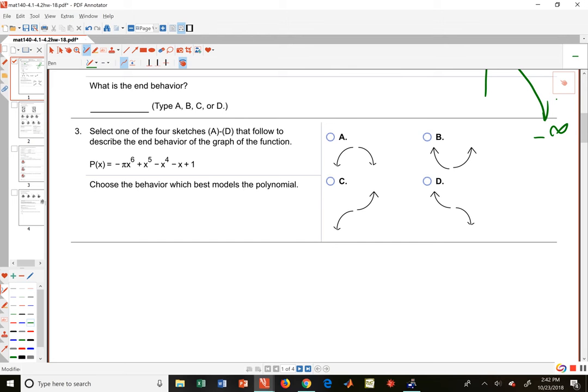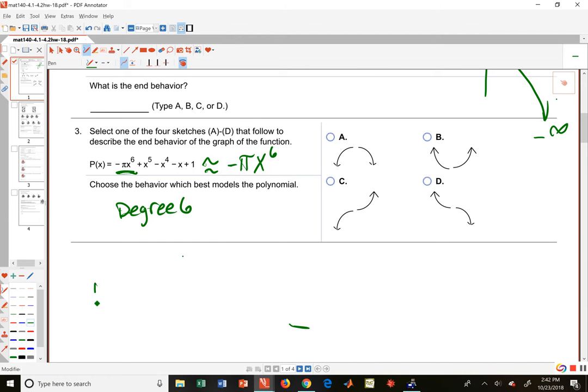So select one of the 4 sketches, A through D, that follow to describe the end behavior of the graph of the function. Now, this time our degree is 6. It is roughly going to behave like negative pi x to the 6th. All the other stuff just affects the local internal behavior as far as it having turning points.